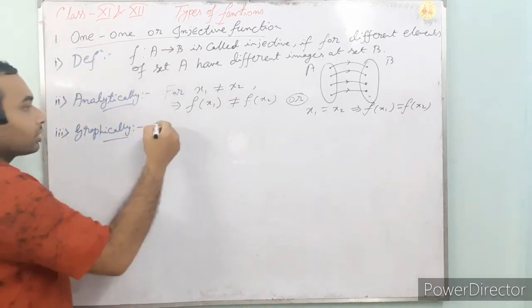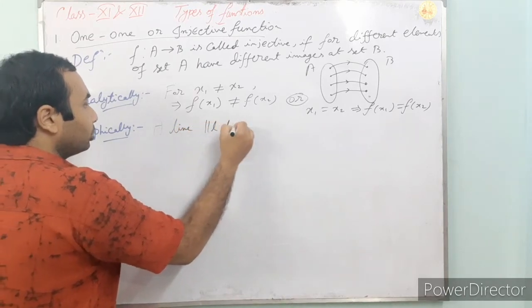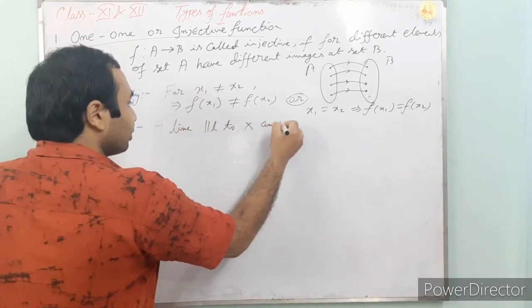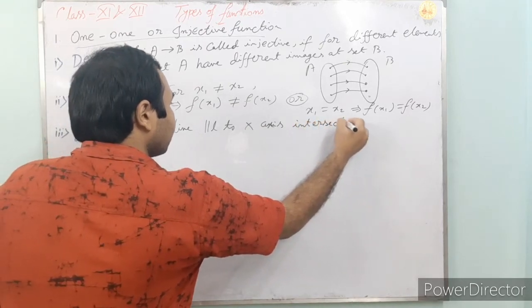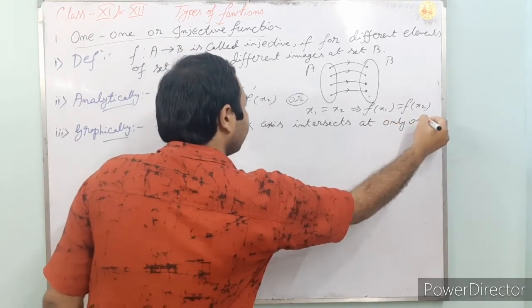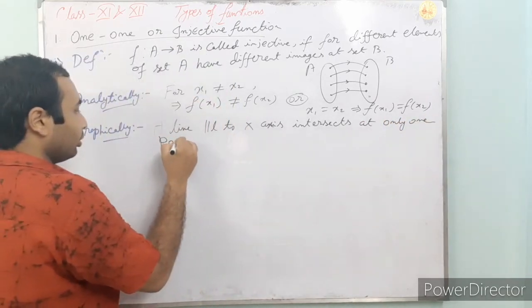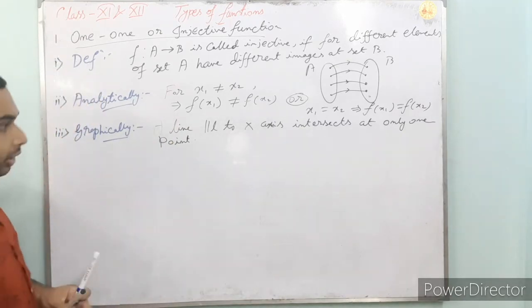In short: a line parallel to the x-axis intersects at only one point. How will it look? Like this.